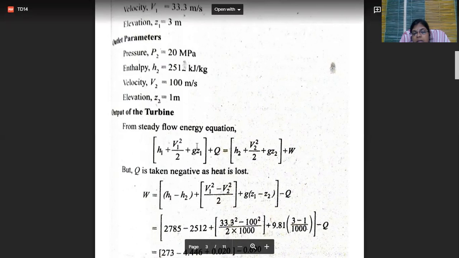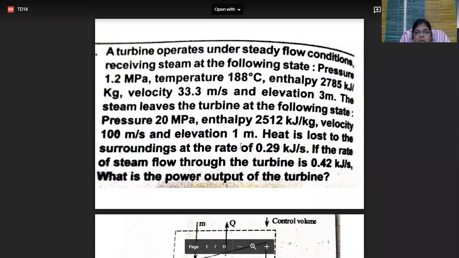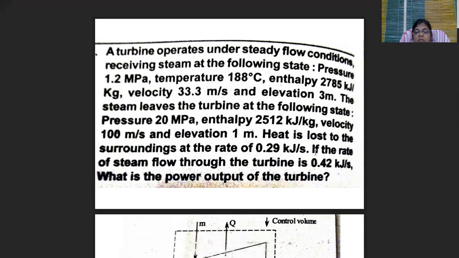Using this equation, we are going to solve the problem. Here Q is taken as negative because heat is lost. As I told you, the problem says the steam leaves the turbine and heat is lost. Whenever the word loss is given, we take it as a negative value.